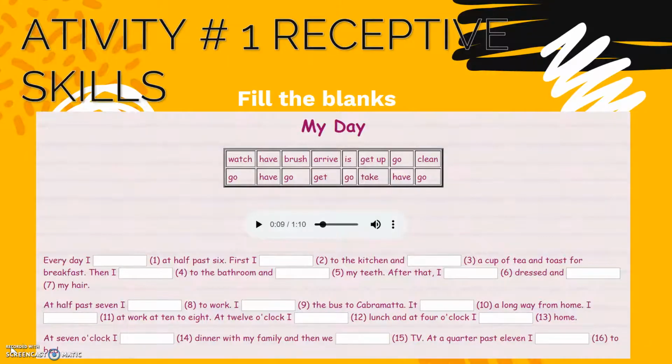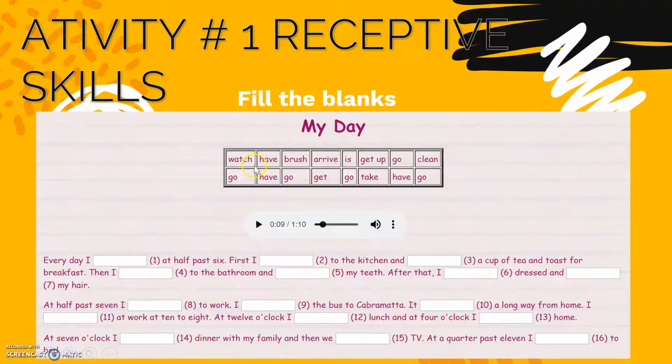The first activity I chose is called Fill the Blanks. And that is precisely what the activity is about. We give them a piece of paper with a story on it, and they have missing words. We also give them the missing words in the frames, but they are unscrambled there.